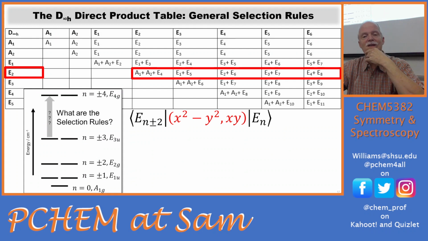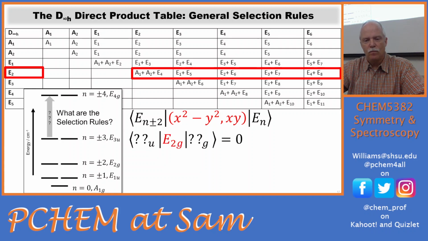So here we have this XY type of light interacting with our lower state, En. If we have 1U or 1G, we know that that's going to equal 0, no matter what it is, because of the GU symmetry.